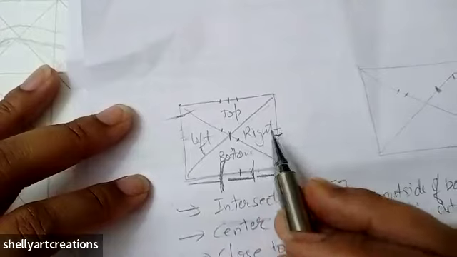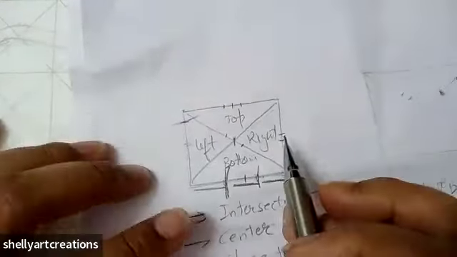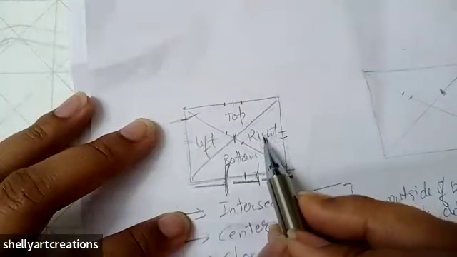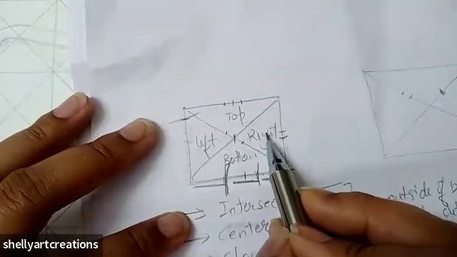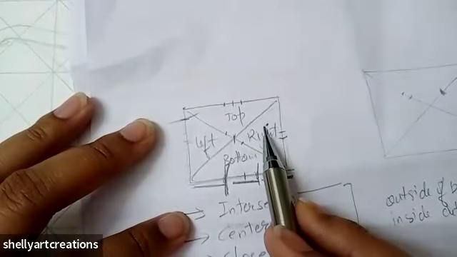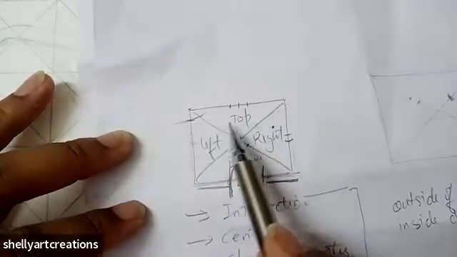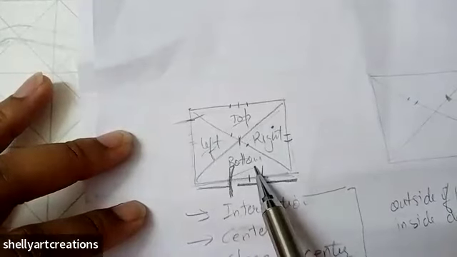For example, if you are doing some detailing work and you have to start from this point, now you can observe with the help of this triangle, you can clearly observe that you can ignore the other 3 triangles, top, left and bottom.